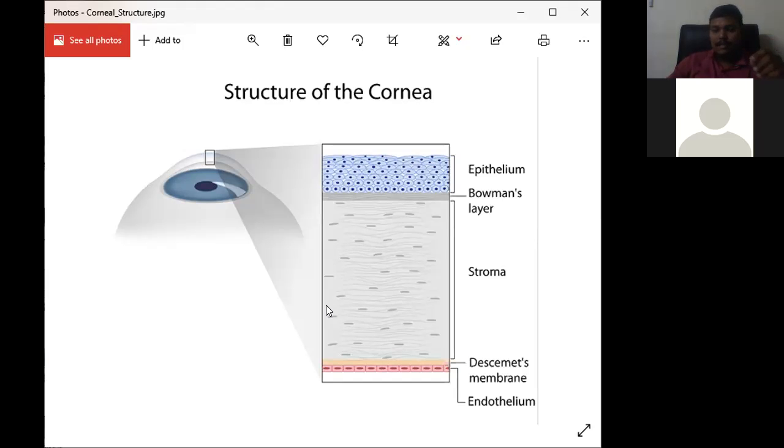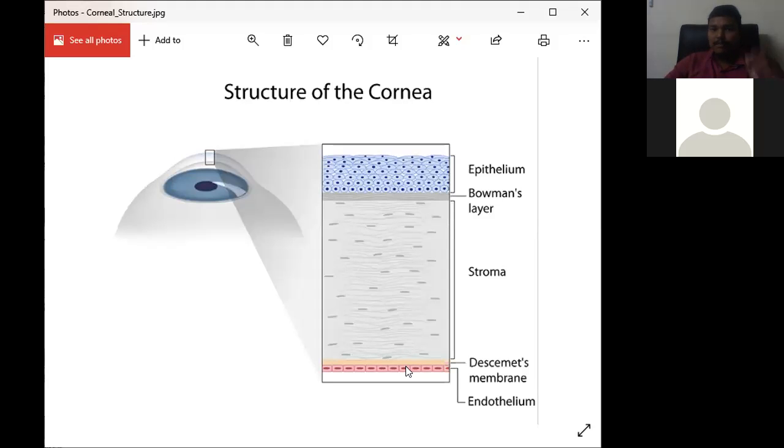And the remaining structure present just below this, the Descemet membrane, is also made up of a single layer of cells. That's all. And you'll have a doubt: how will these cells survive? How will these cells get nutrition, right?